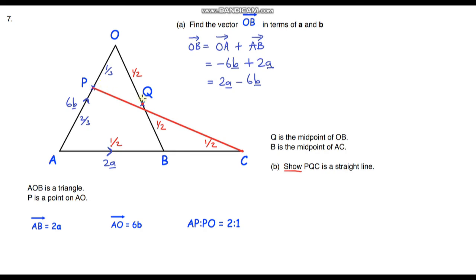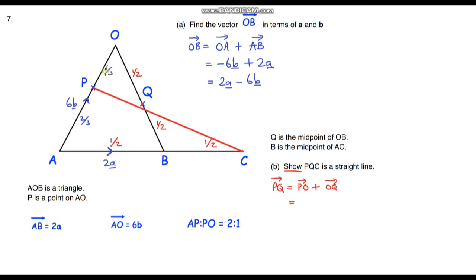To get from P to Q, there's different ways we could get there. I think I'm going to go from P to O and then O to Q. So if we write this down, vector PQ is going to equal vector PO plus vector OQ. So what is vector PO?